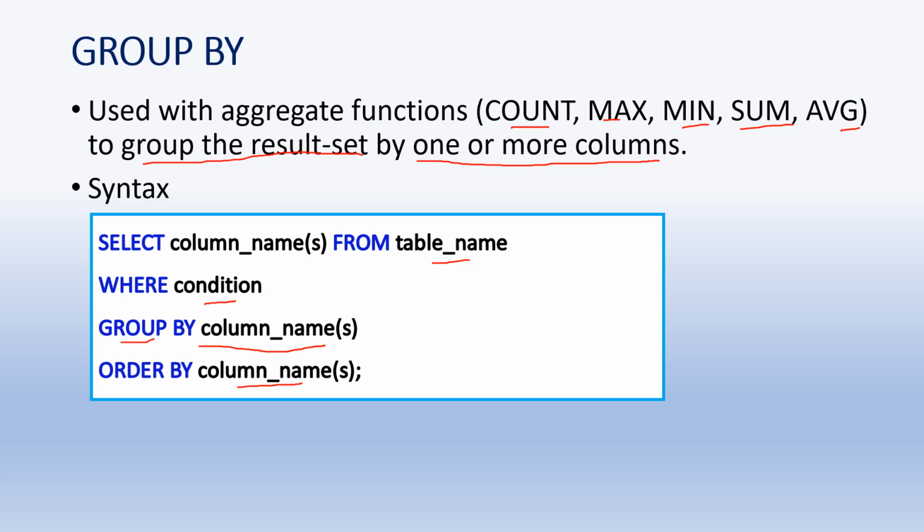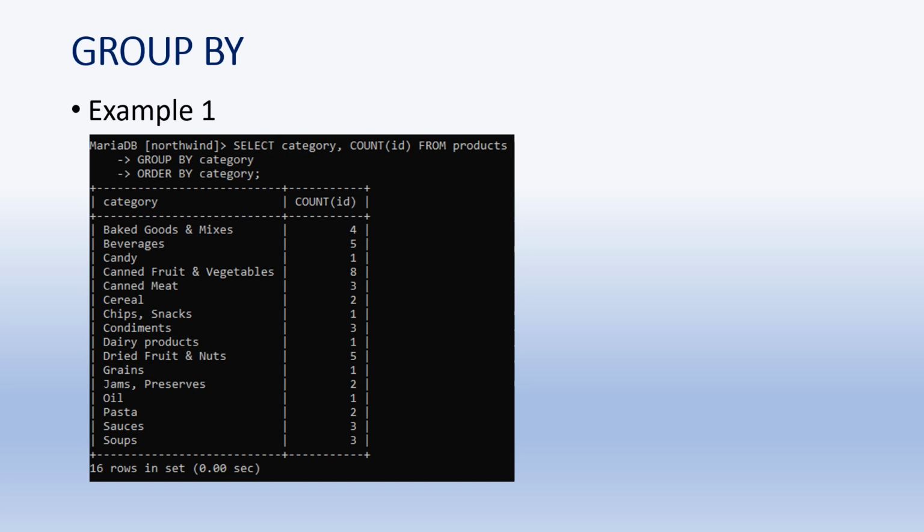Say we have this GROUP BY. For example, category, count ID. So this is the column name. So this is the table name. We group by category and order by category. So this is another column name.